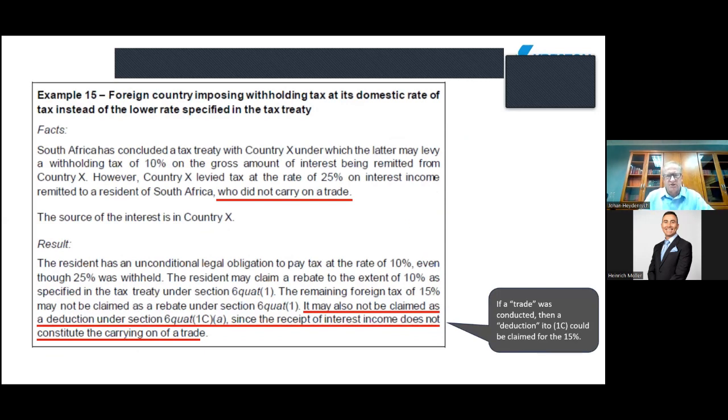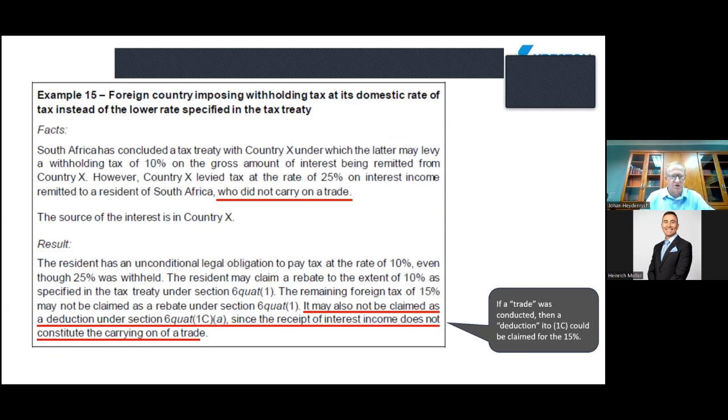All right, let's look at a few examples. So South Africa has concluded a tax treaty with country X, under which the latter may levy a withholding tax of 10% on the gross amount of interest being remitted from country X. However, country X levied tax at the rate of 25% on the interest income remitted to a resident in South Africa who did not carry on a trade.